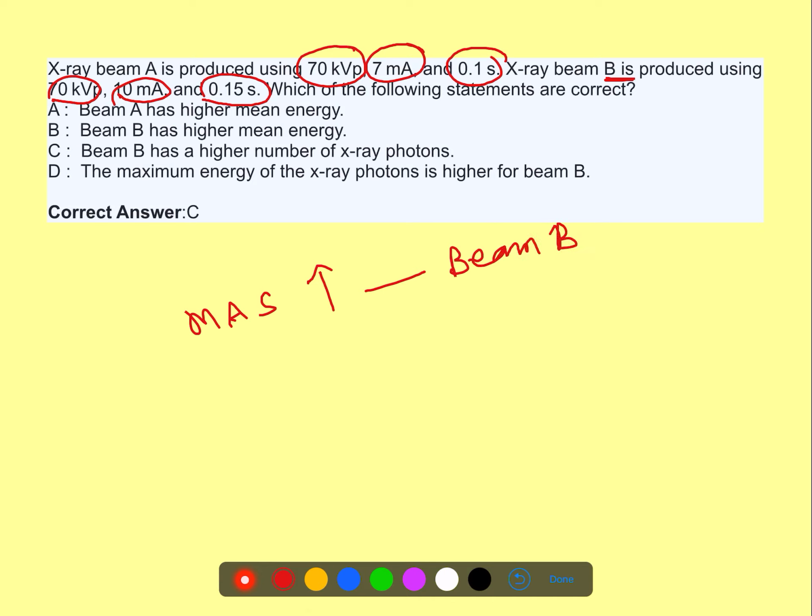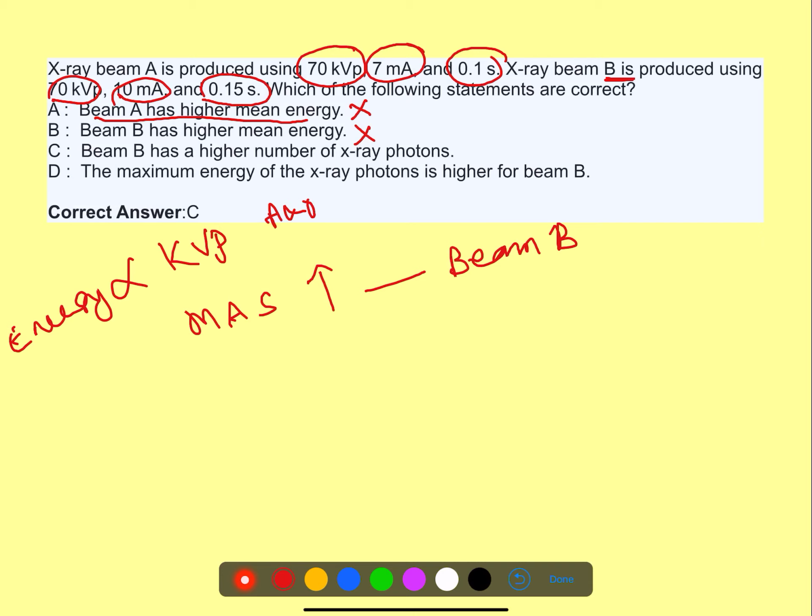The option that should be chosen is beam B has a higher number of X-rays. If you go into the first option, beam A has higher mean energy. No, because energy is directly related to kVp. Both A and B have 70 kVp, so they have equal energy. The maximum energy of X-ray photons is higher for beam B?